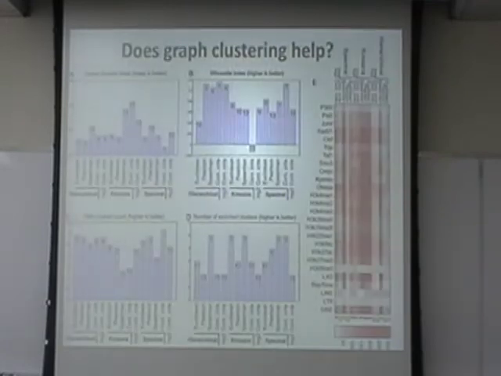Okay? So that was the silhouette index, but we didn't only use the silhouette index, we used other metrics like this DB index, delta contact count, and the number of enriched clusters. So this is an external validation metric. Overall, what we found was, and these are the different external data sets that we use.